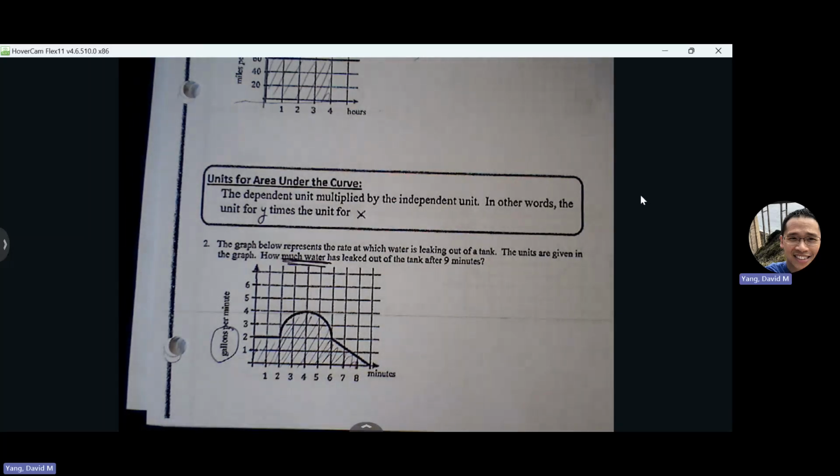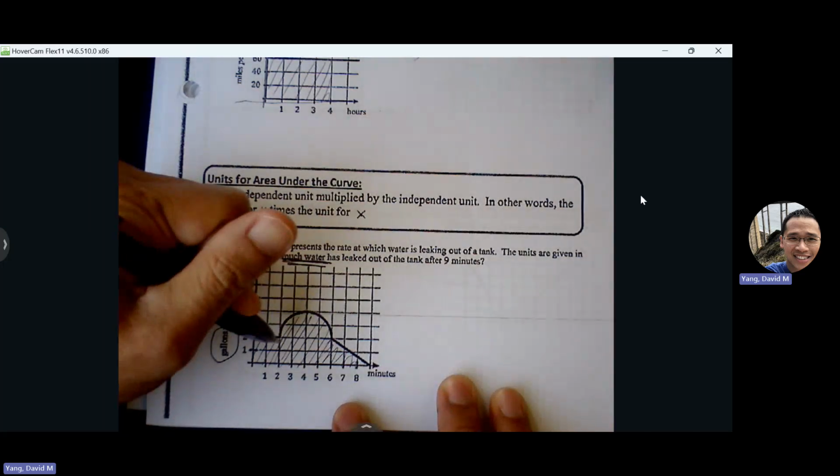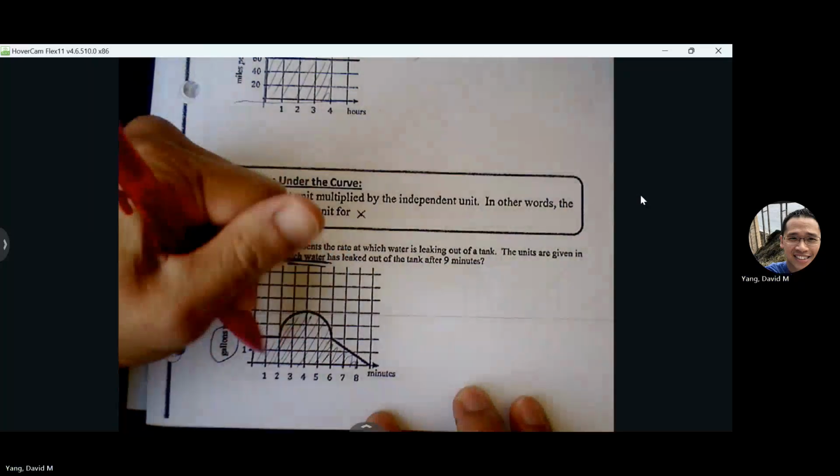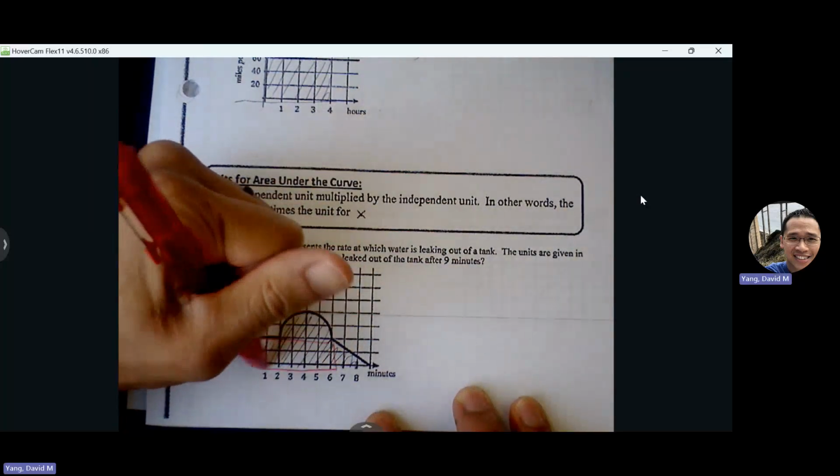Now, these are all nice geometric shapes. So we can just find the area of all these shapes and add them together, and that'll give us the amount of water that's come out. So I see a rectangle here. That's an easy shape for me to find the area for.